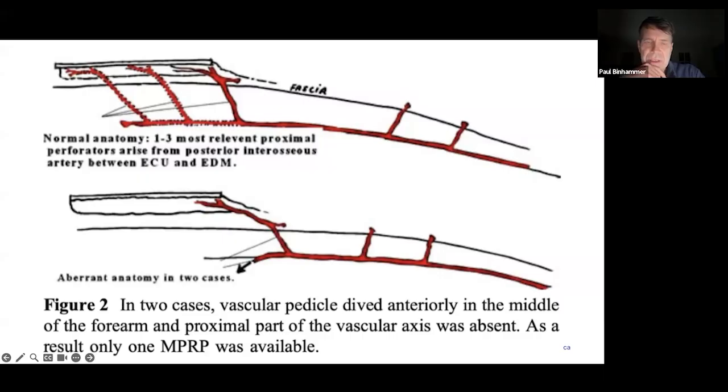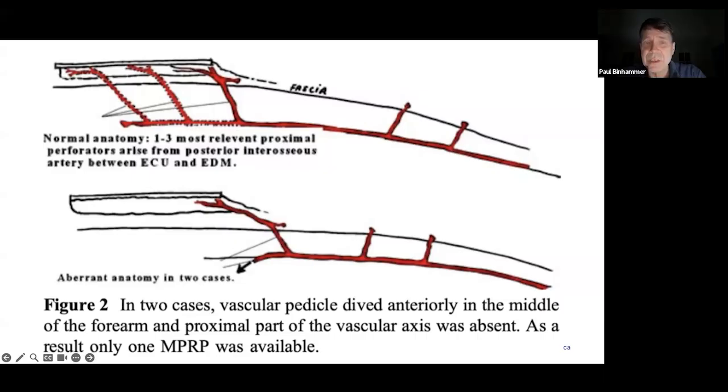I always tell the residents or whoever I'm operating with to find the ECU first because it's like the landmark. They said 5 millimeter fascia. I take more fascia than that for this flap, 5 millimeters. I think I'm like close to 2 centimeters, on the ECU tendon, on the EDM tendon. So I'm gathering more fascia maybe than they do.